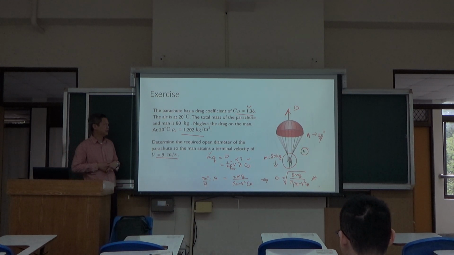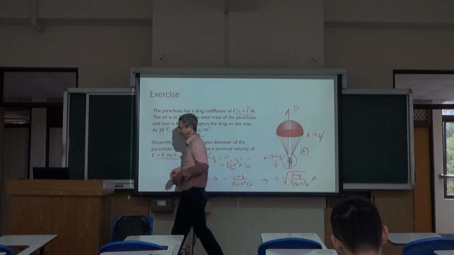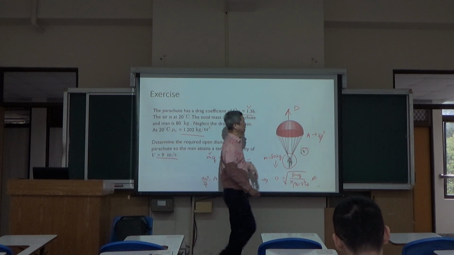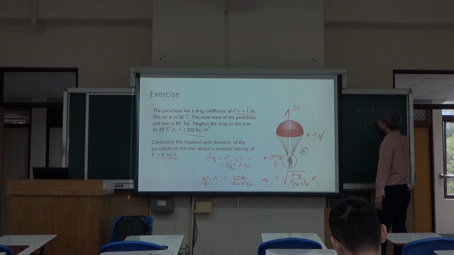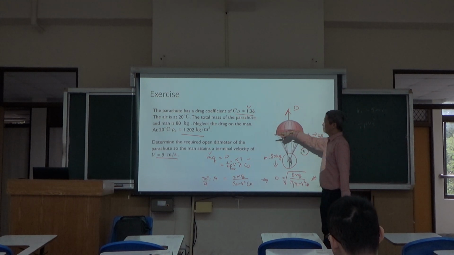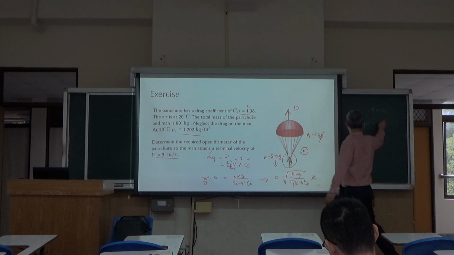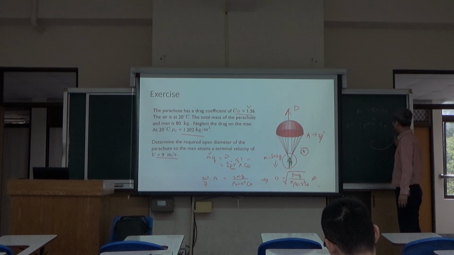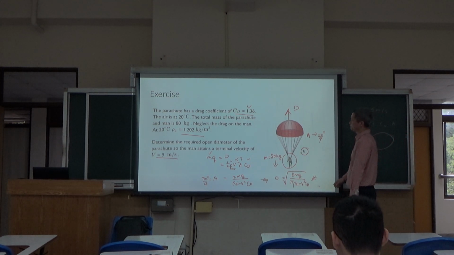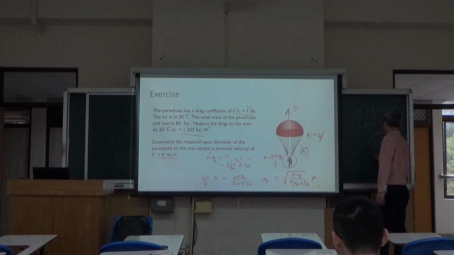In this case, what you have to do is a simple calculation, because you know your terminal speed. The terminal speed is 9 meters per second. You know your stagnation pressure, and then by multiplying with the drag coefficient and the area, you'll be able to find the drag force. What's the area for the canopy? If we are determining the opening, this area is pi r squared.